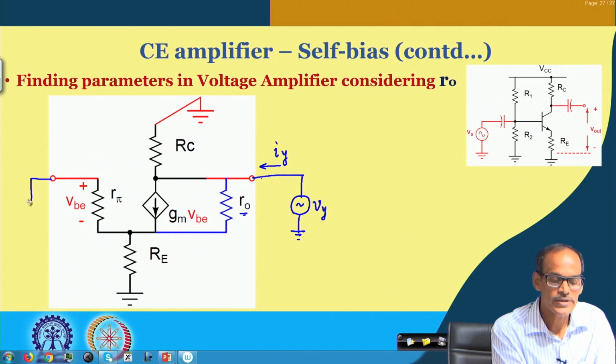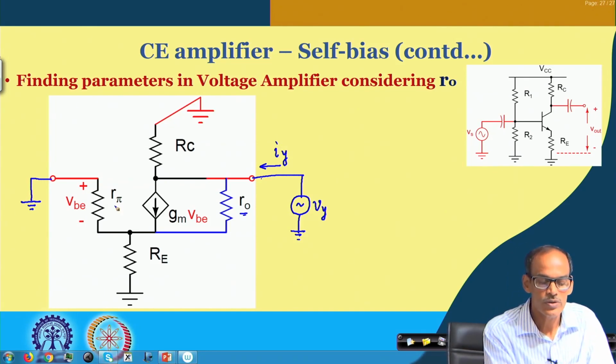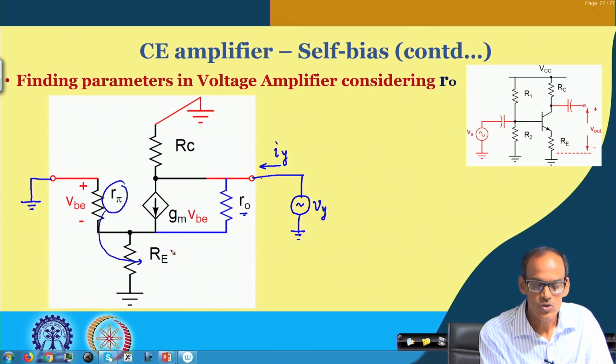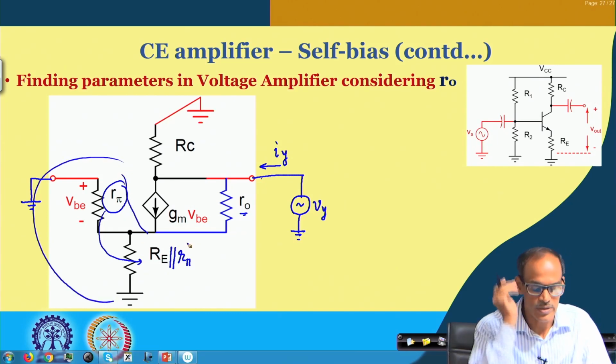While doing this exercise, we have to keep in mind that we have to make the voltage input signal 0. Once you do that, this rπ comes in parallel with this, so Re and rπ are in parallel. That is the representation.